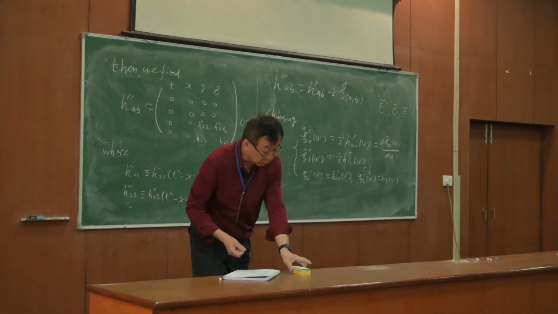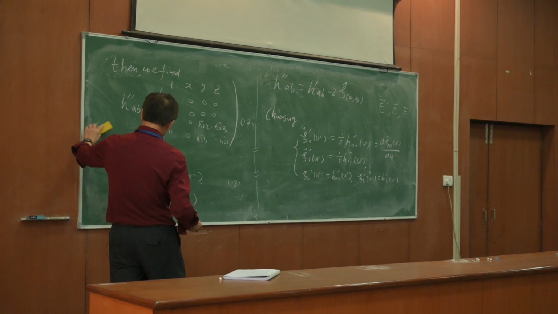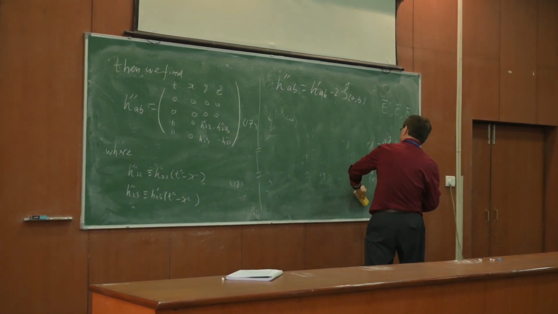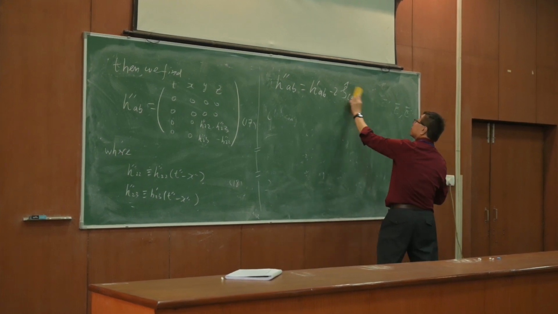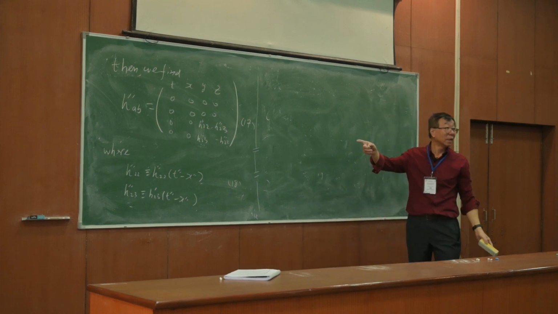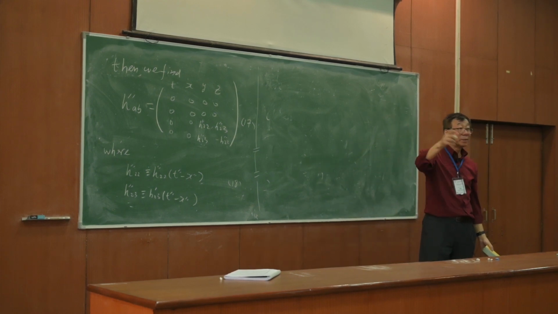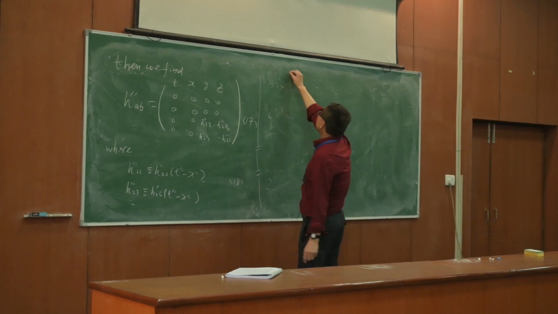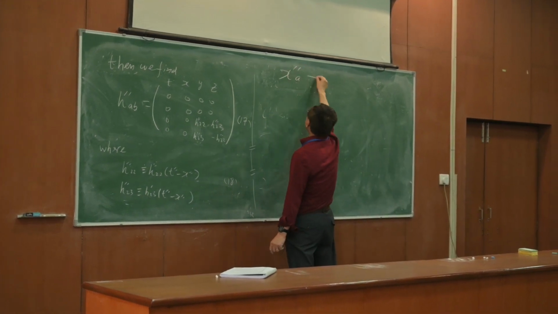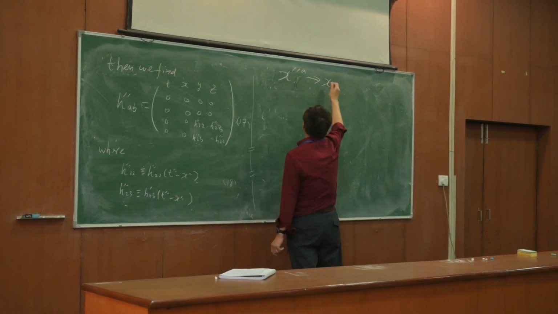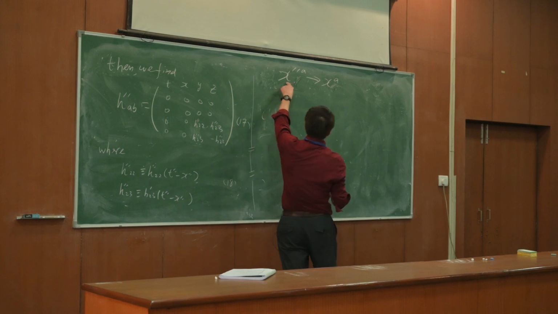Okay, so let's see. Once we have this one, you can see we have only these components. Now I can write the metric. Now we get everything in x double prime, right? I'm going to get rid of the double prime, and I just simply replace x double prime with x. But you have to remember we're really working in the double prime coordinates.